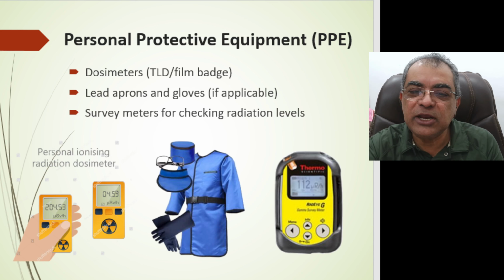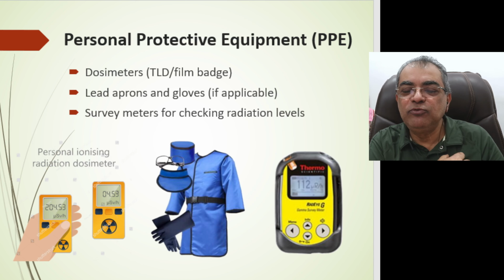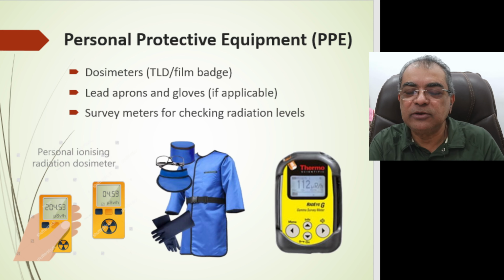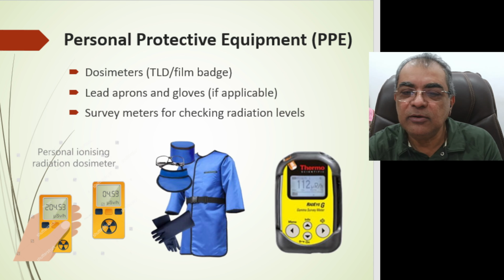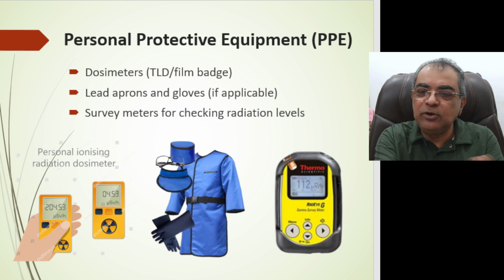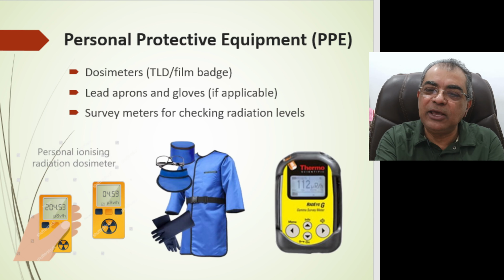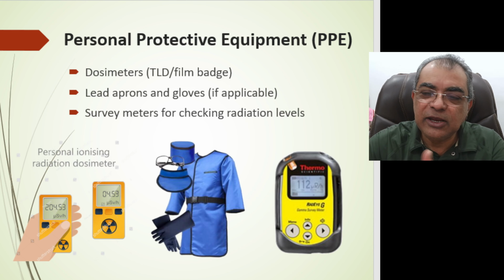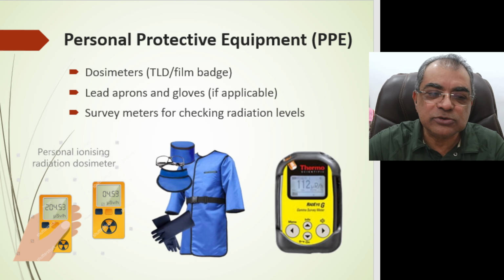Dosimeter, it looks like this. People have to wear it in their pocket, same as a gas monitor. Personal protective aprons and gloves, the same as in gas testing. This type of equipment is used.